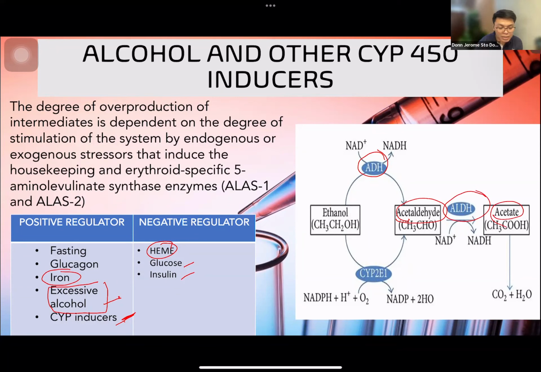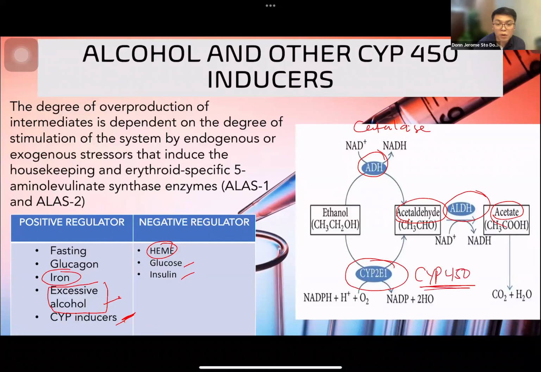A small portion is metabolized by your catalase, right? But in chronic alcoholism or in excessive alcohol intake, you will stimulate the liver to produce the enzyme cytochrome P2E1. Cytochrome P2E1 is a member of your cytochrome P450 enzyme system.